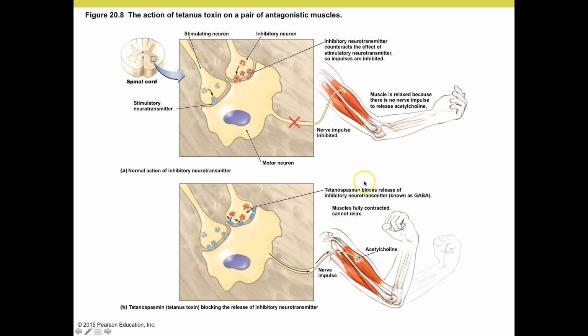But here, tetanospasmin blocks the release of the neurotransmitter known as GABA, and therefore that is why it makes the actual muscle lock.